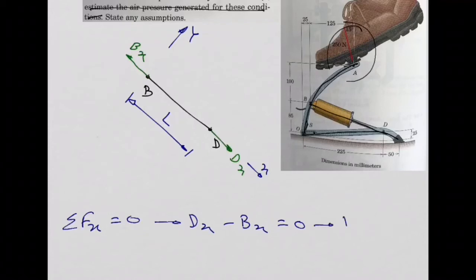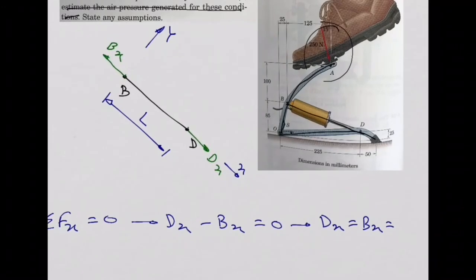Which means Dx equal to Bx equal to my force in the strut. Okay? And I know that this force in the strut needs to have the direction of the strut. And this is a key thing to solve this problem. This is the key thing to solve this problem, okay?